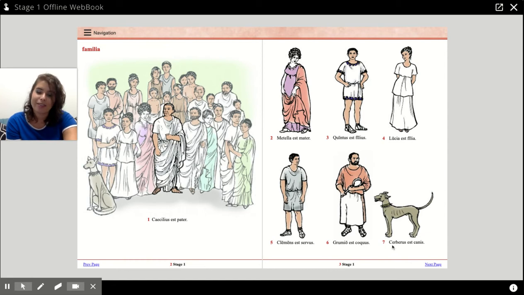And again, we have that C where in English we would say Cerberus, and yes, he is named after the three-headed dog that guards the underworld in Roman and Greek mythology. But in Latin, we do pronounce that C as Cerberus. Now, when you're translating into English, you can say Cerberus is the dog, or you can say Cerberus is a dog. Okay? So that's how we translate these.